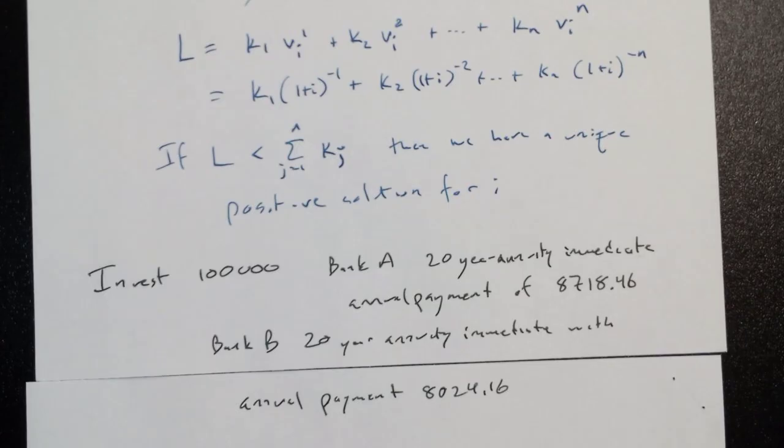I'm pretty sure I know what you're going to do. If you have a choice between buying one of these two annuities for $100,000, which one are you going to buy? It's paying you $700 more a year, right? Makes sense.